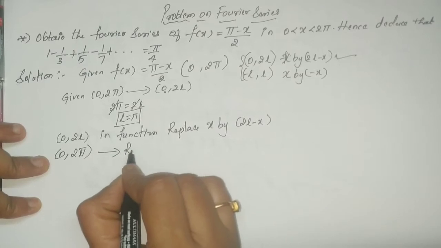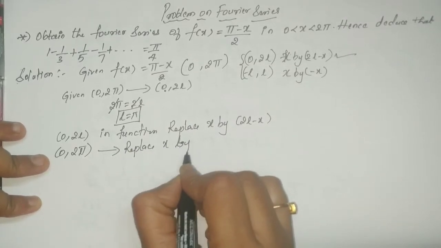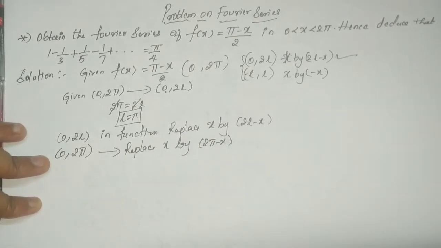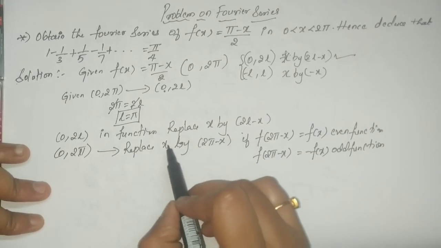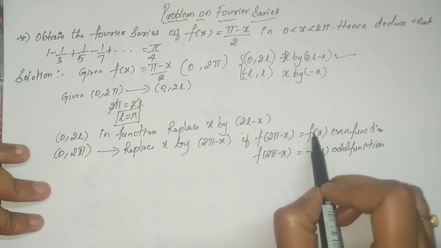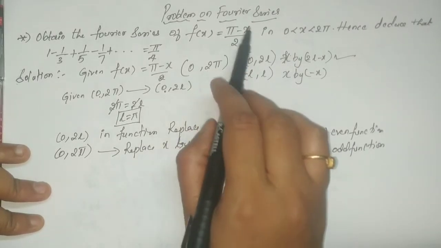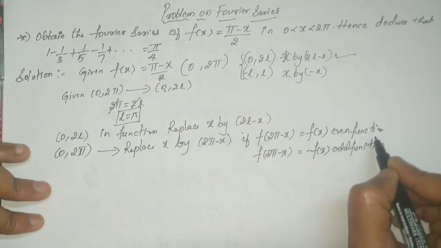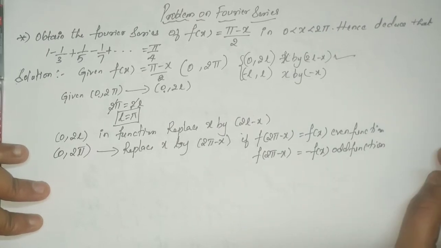So I am going to replace x by, instead of 2L minus x, we have 2 pi minus x. So when we replace x by 2 pi minus x, if you get back the function, what is our function? Pi minus x by 2. If you get back this function without any sign change, then we say it is an even function. If you get negative of the function, we say odd.